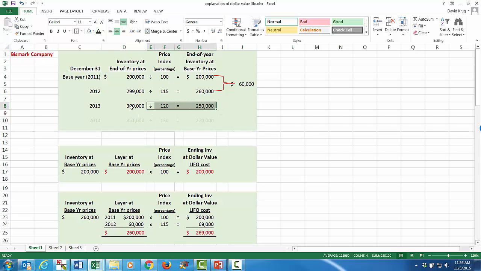We're going to take that inventory at year-end prices divided by the price index of 120% or 1.20, and we are going to get the end of year inventory at the base year prices. Now look what has happened here. We actually have a decrease here, don't we? We have a decrease.